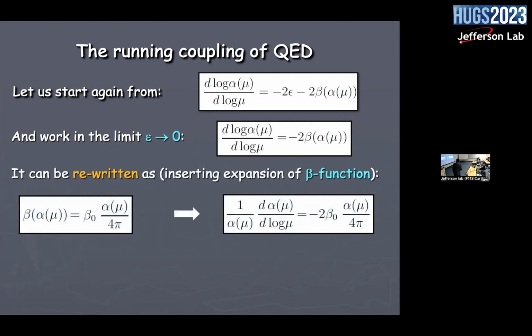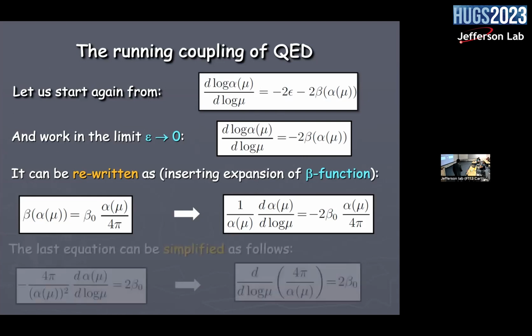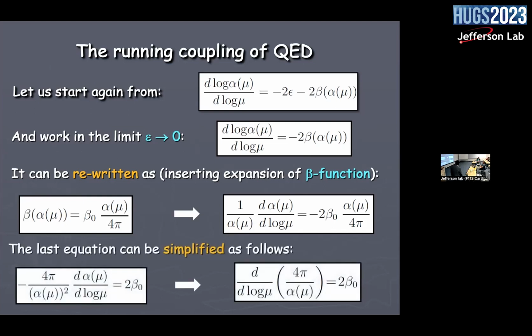Now I can insert here the expansion of beta. Remember, this is what we had calculated: beta 0, alpha over 4 pi. We know the value of beta 0. We just insert it here, and therefore what we have in this one loop expression is nothing but alpha, a constant that we have calculated from one loop perturbation theory, and it's running with mu.